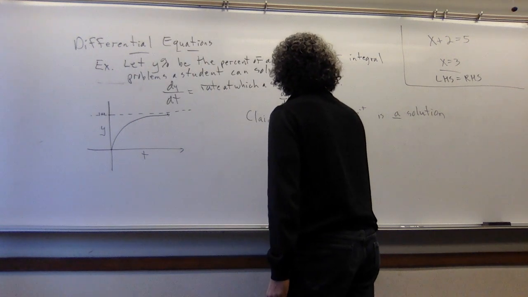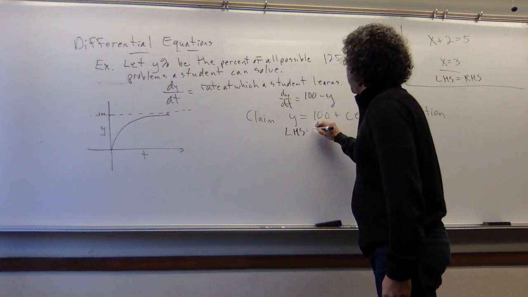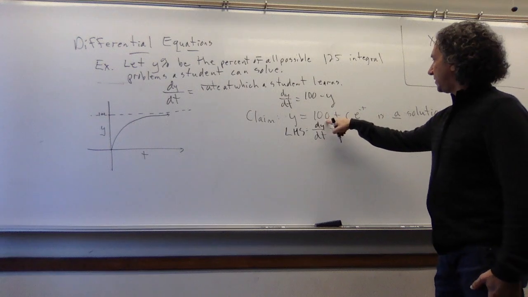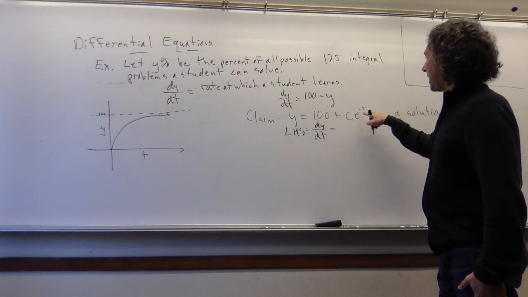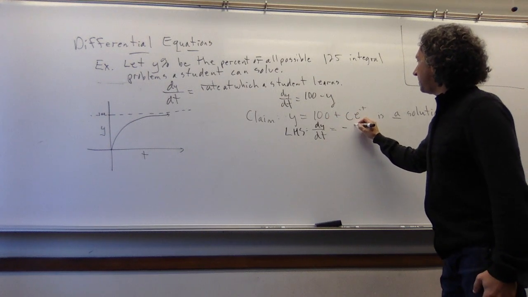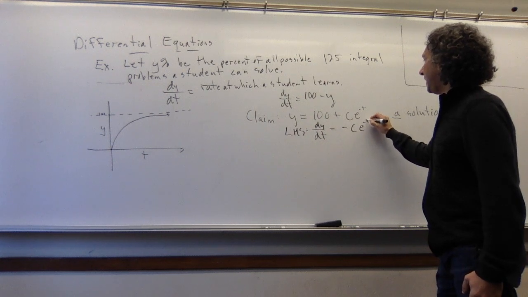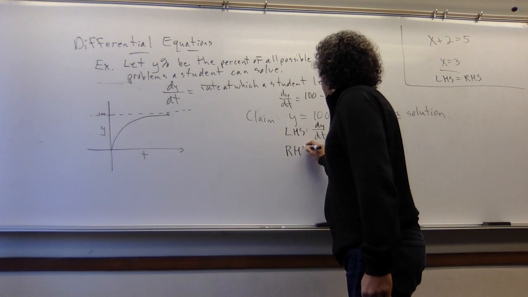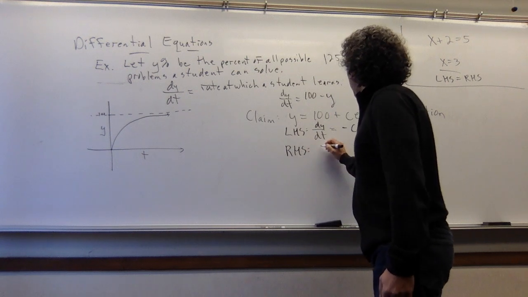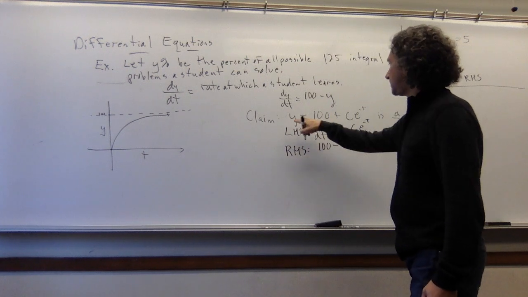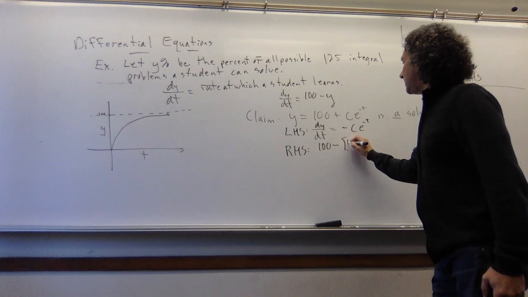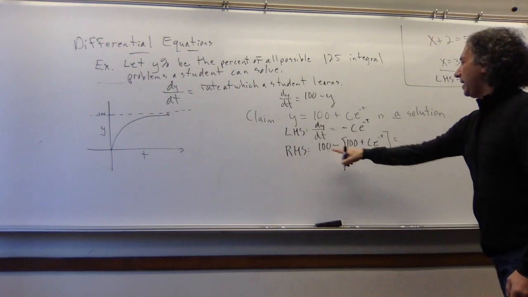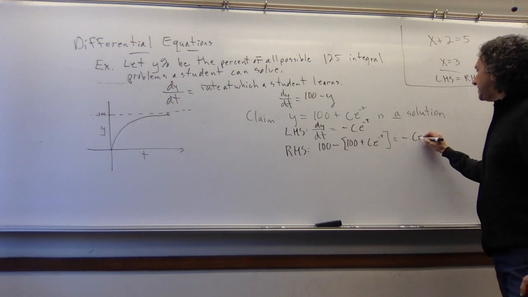The left-hand side is dy dt, and the derivative of 100 is 0. The derivative of this guy, thinking about the chain rule, is going to be minus c e to the minus t. The right-hand side is 100 minus y. Well, y is 100 plus c e to the minus t, and we could distribute to get minus c e to the minus t.